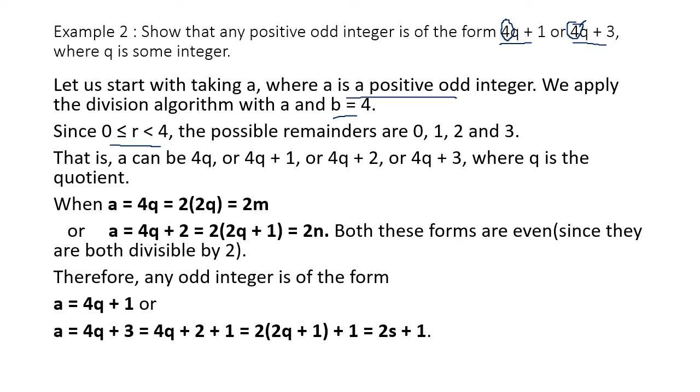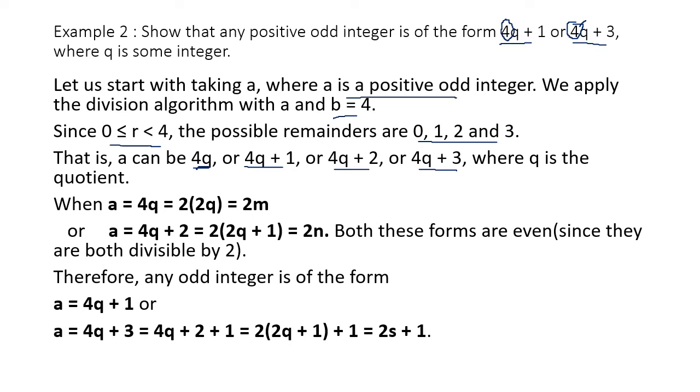R should be 0 or greater than 0 but less than b, so less than 4. So the possible remainders are 0, 1, 2 and 3. So any positive integer when b is equal to 4 can be written as 4q plus 0, 4q plus 1, 4q plus 2 and 4q plus 3.